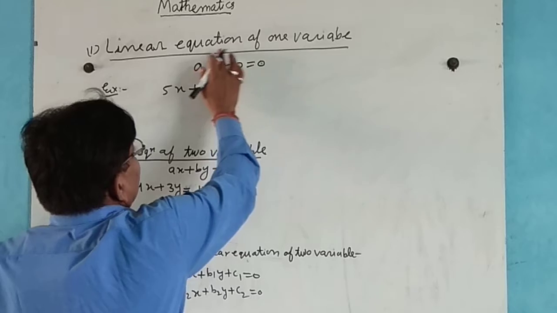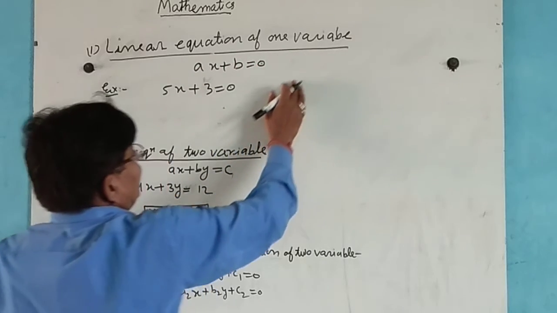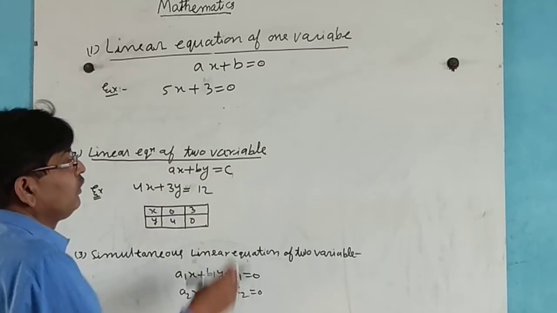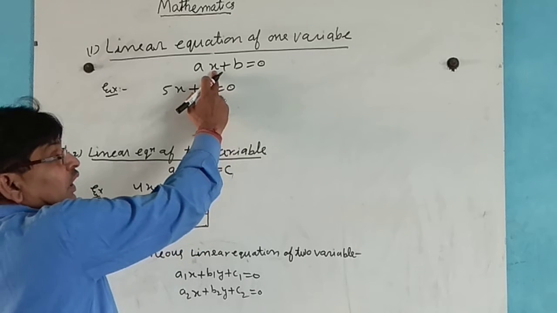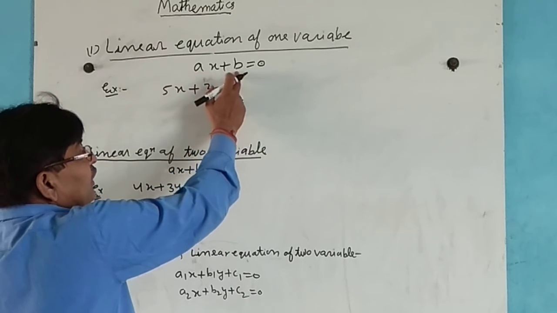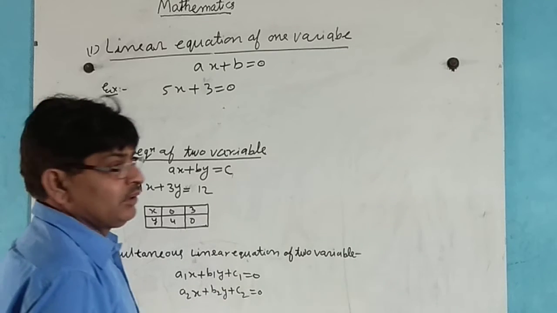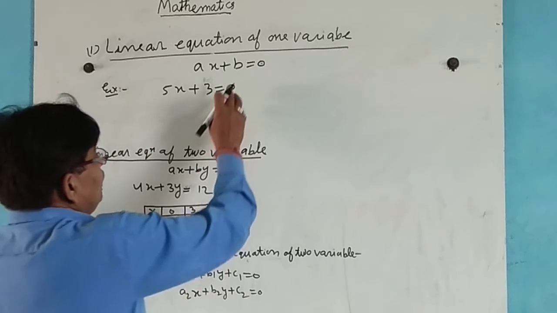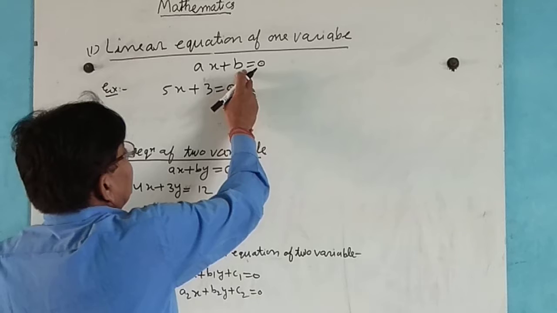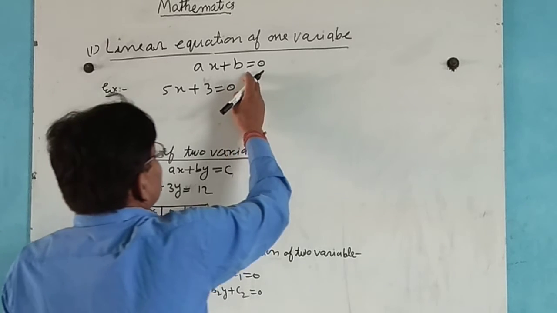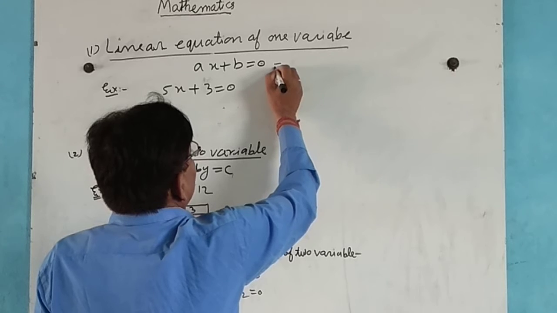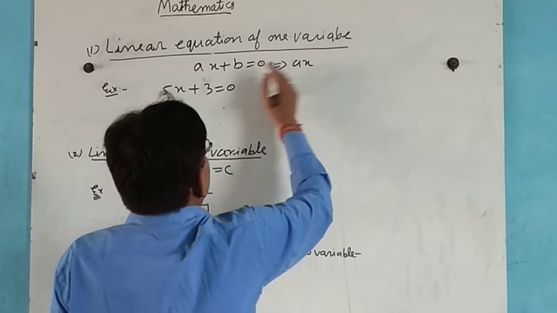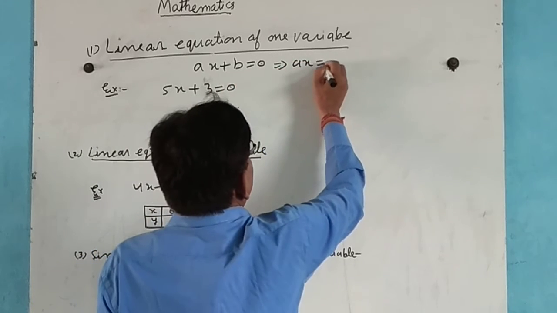Now, linear equation of one variable. Here the variable quantity is x, and a and b are constant quantities. If you solve this form, then ax equals minus b.